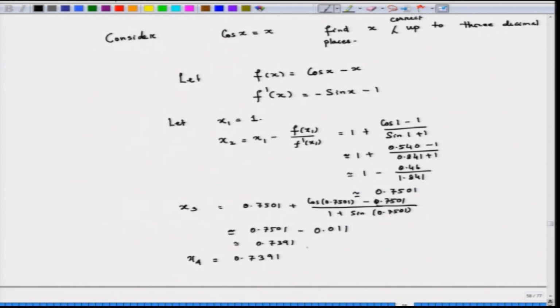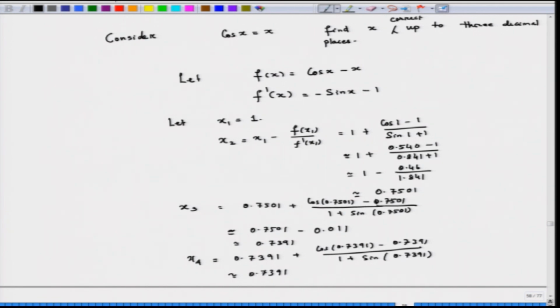Now, if you calculate x 4 by putting this, that means 0.7391 plus cos 0.7391 minus 0.7391 divided by 1 plus sin 0.7391, which is approximately you are again going to get 0.7391.